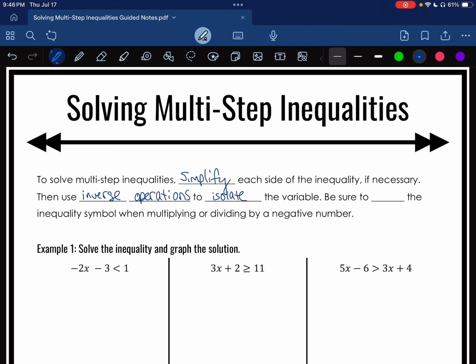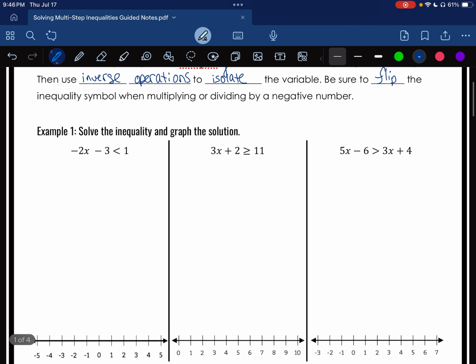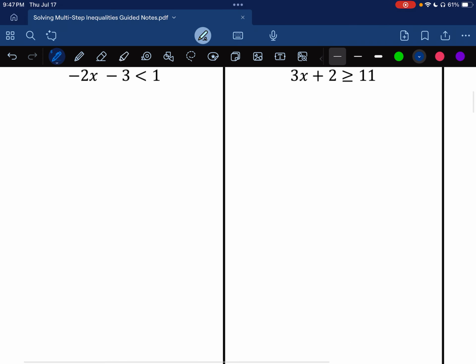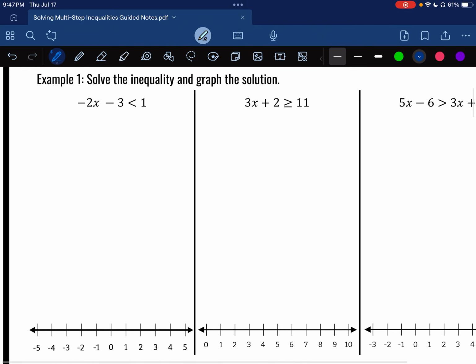And we are going to flip, like I said, the inequality symbol whenever multiplying or dividing by a negative number. All right, so we're going to solve these and graph our solutions.